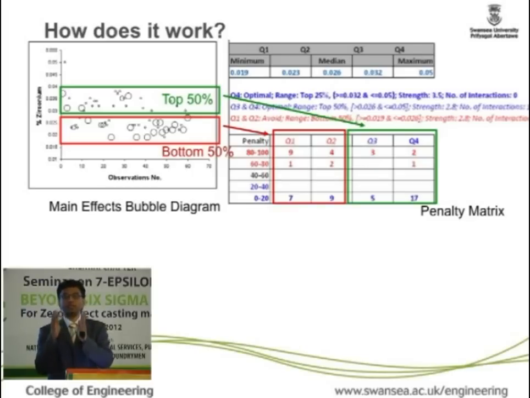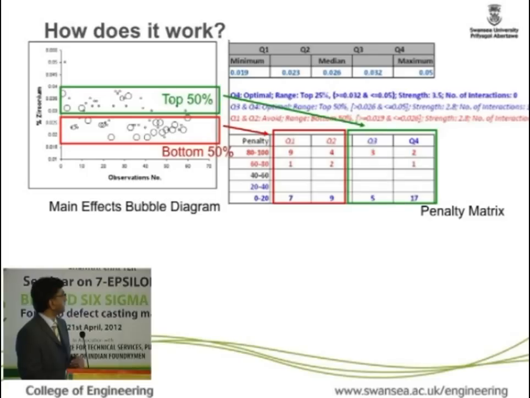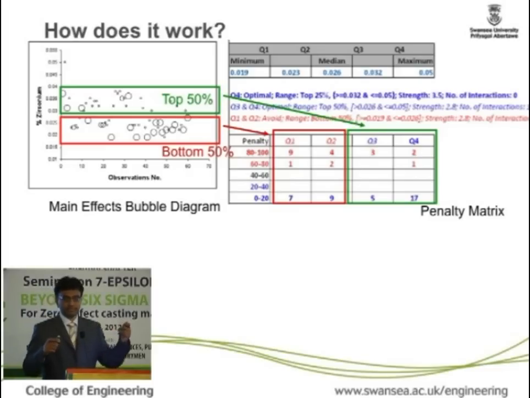So you get different quartiles. So the first quartile is between 0.019, 0.023, 0.026 is the median, next quartile is 0.032, and this is 0.05. And the spread was between 0.019 to 0.05 for zirconium.